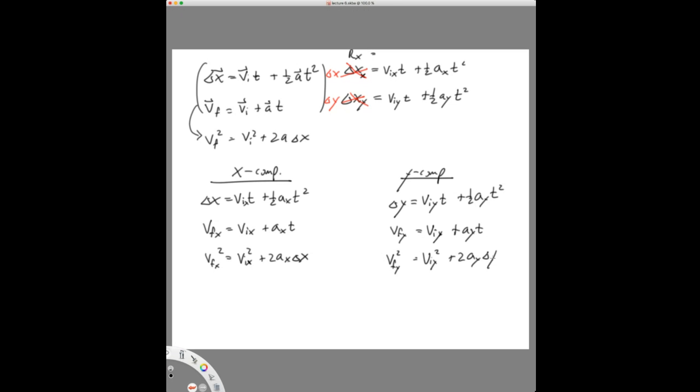Okay, so here are our master equations. Now we have 3 master equations for x components and 3 for y components, and they're basically the same kind of thing. So it looks at first glance like it is exactly twice as hard to do 2-dimensional problems as it is to do 1-dimensional problems. But it's not quite correct.